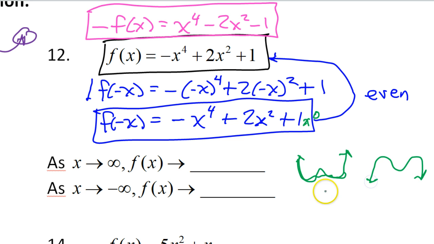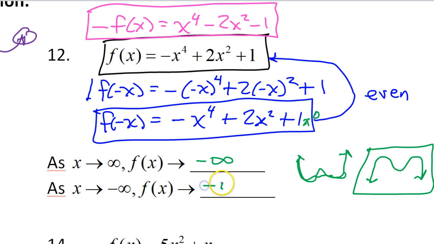All right, so which shape should we be looking at now? Because of the negative leading coefficient, we know it's going to be the downward facing end behavior. So that's negative infinity on the right and the left. All right, any questions about number 12?